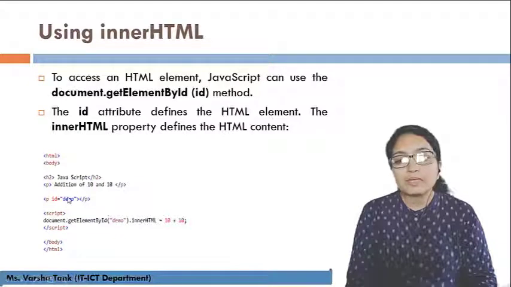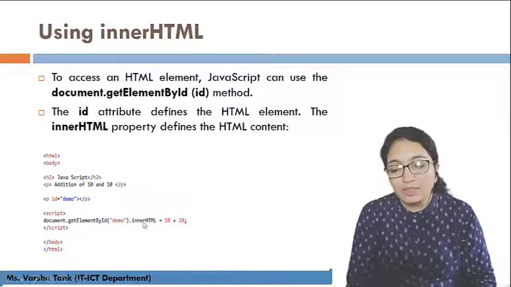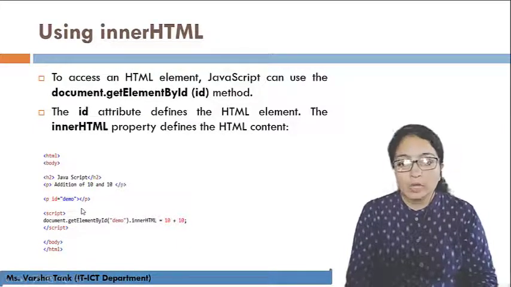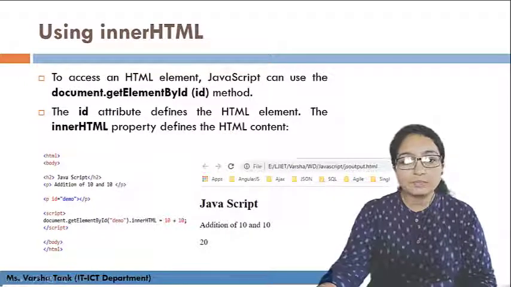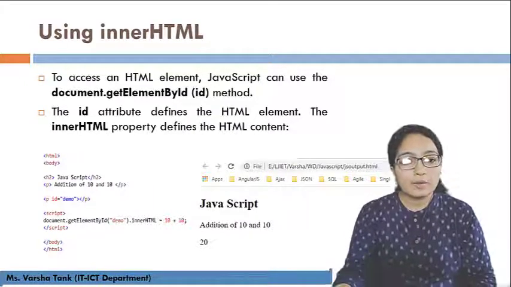Remember that it must be exactly the same, same letters, no change. Then .innerHTML equals 10 plus 10. innerHTML means the output will be displayed in between the tags. Now let's see the output of this in the practical, so you will have a better idea about this.